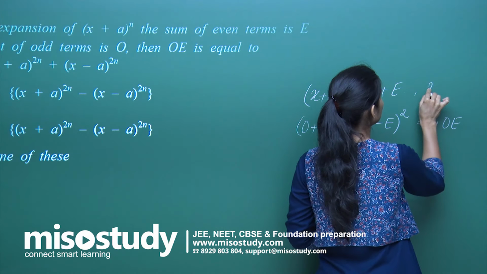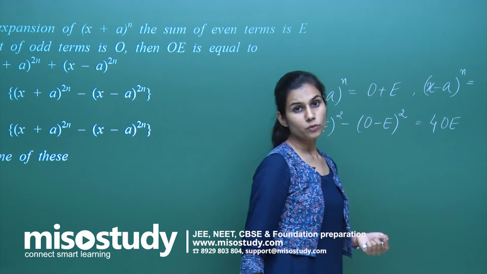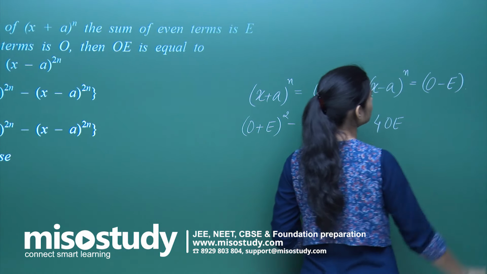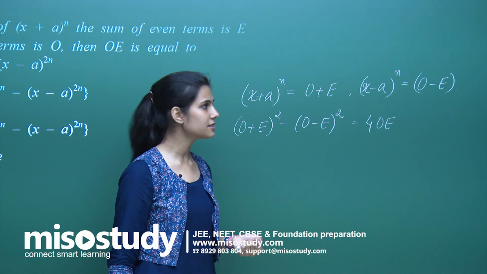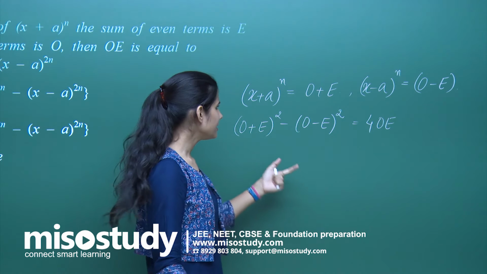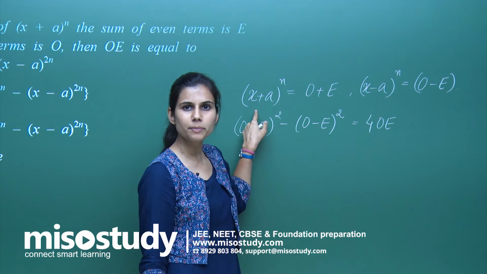If I talk about (x minus a) whole to the power n, what would this be equal to? This will be equal to O minus E, isn't it? If this is O plus E, this will be O minus E, right? That's how the expansion of (x minus a) to the power n is different from (x plus a) to the power n.